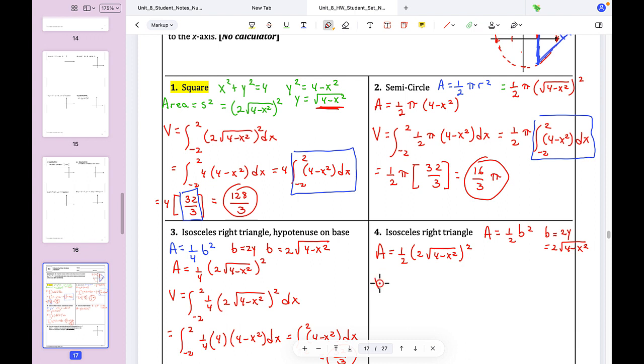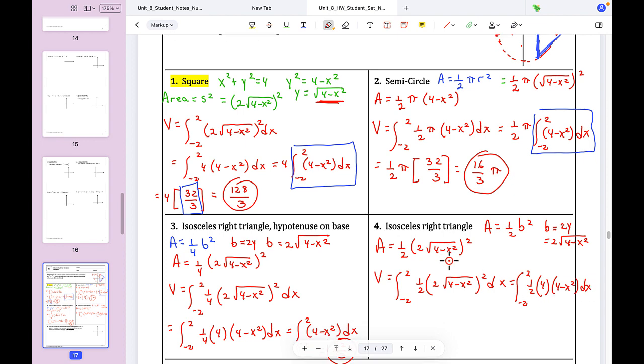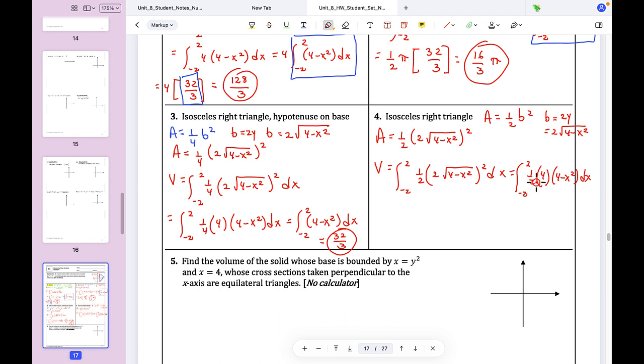Okay, so our volume is going to be the integral from negative 2 to 2 of 1/2 times 2 square root of 4 minus x squared, squared dx. Which comes out to be the integral from negative 2 to 2 of 1/2 times 4 times 4 minus x squared dx, right? 1/2 times 4 is 2.